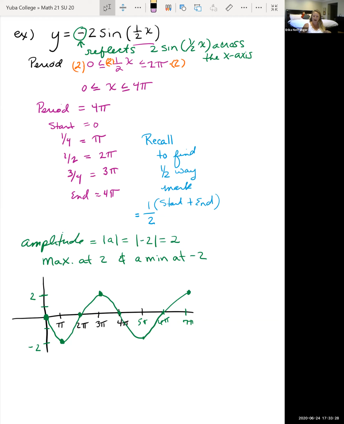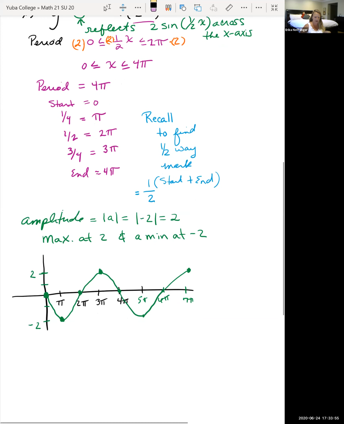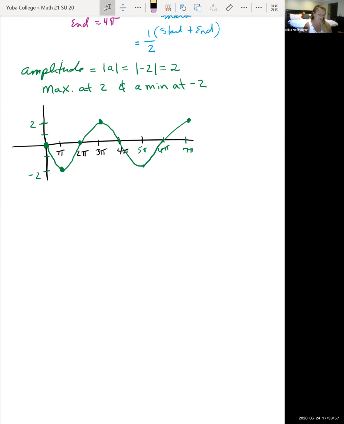And then you could plug in pi and look at what is sine of pi halves. Sine of pi halves, so that's 90 degrees, is 1. And so 1 times the -2 in front of our sine function gives us -2. But this kind of gives us a way that we don't have to go through and plug in those numbers to figure out those sine functions. And sometimes it's harder because they're not exactly the ones that we know what they are. Okay, so let's maybe look at another one.